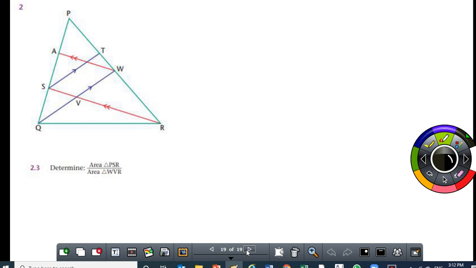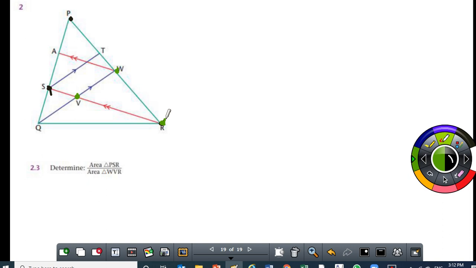If you look at this question, it says triangle PSR divided by triangle WVR, which is here, V, that's there, and R.